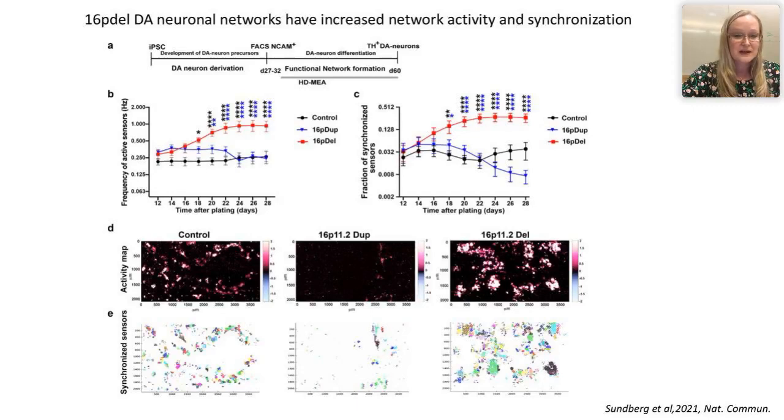Here we also saw the activity maps in panel D and synchronized sensors in panel E. And Hanna is going to explain in more detail the methods used to analyze these data after my talk.